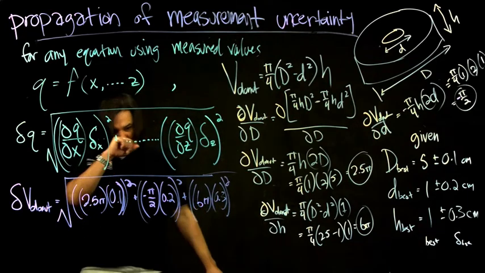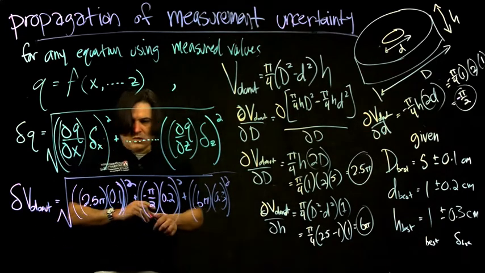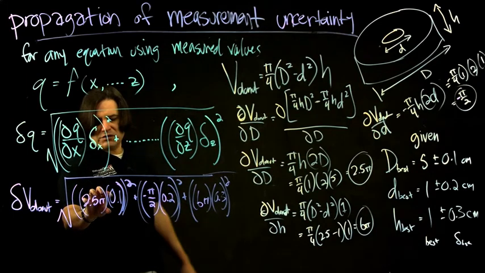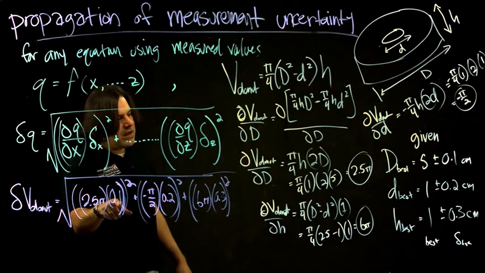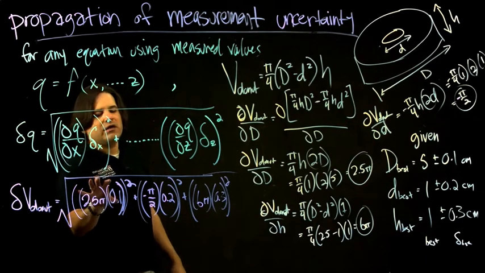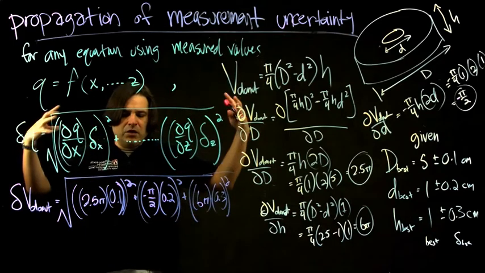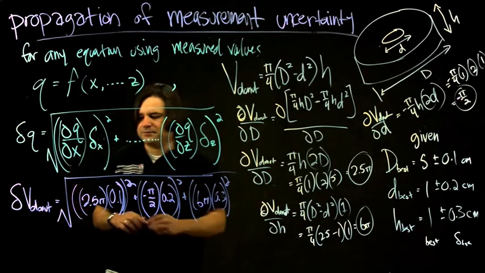So that's the number. We took the partial derivatives, got a number for that by applying these measurement values. We multiply that by the experimental error. We do that across each one. We take the square of each one, and then we get a number. Then we take the square root of that whole thing.